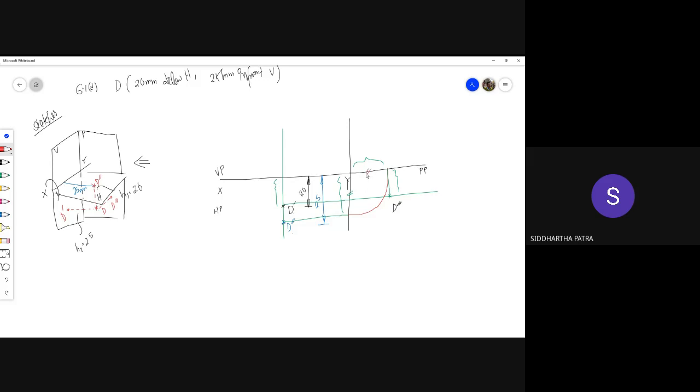So this line right here on the profile plane represents the horizontal plane, and this line right here represents the vertical plane. It would be in front of the vertical plane, exactly the two dimensions that were given to you, below and in front. And that's what you are getting here in the profile plane.